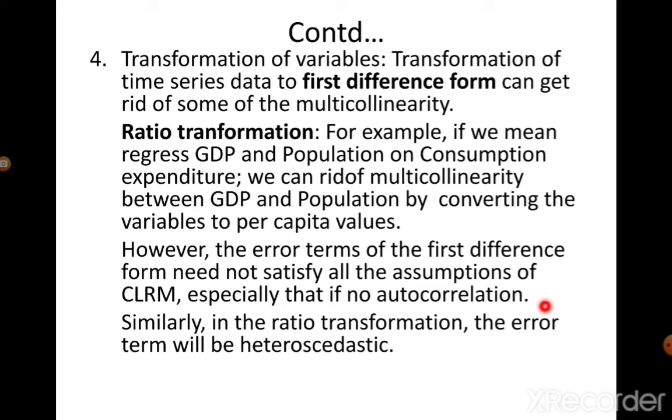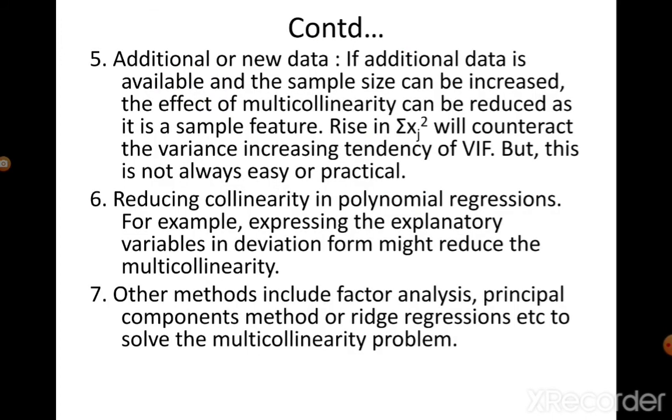Similarly, when you do the ratio transformation, it is possible that the assumption of homoscedastic error term is no longer holding. So when you have situations of this sort, you have to be careful as to which method you choose.